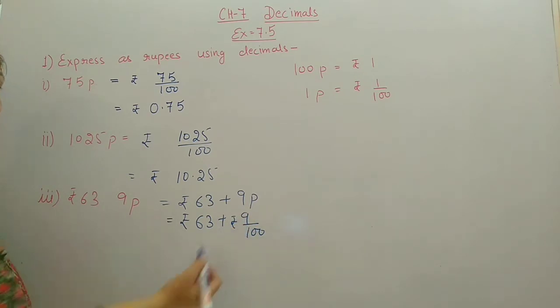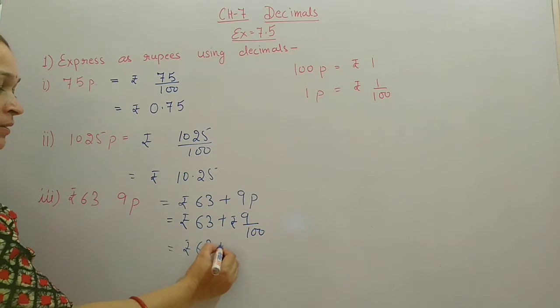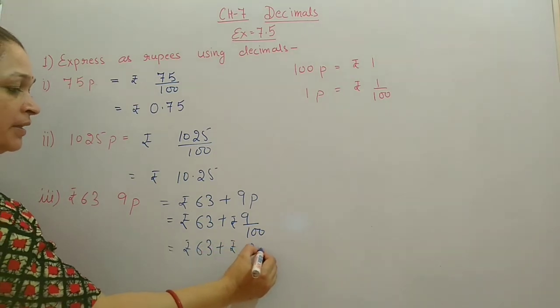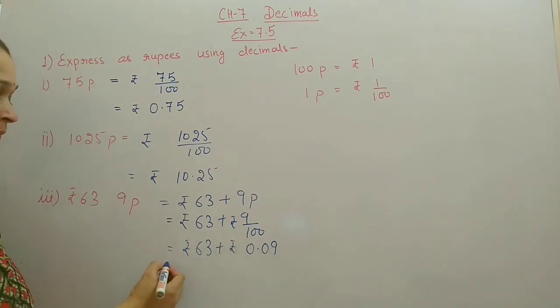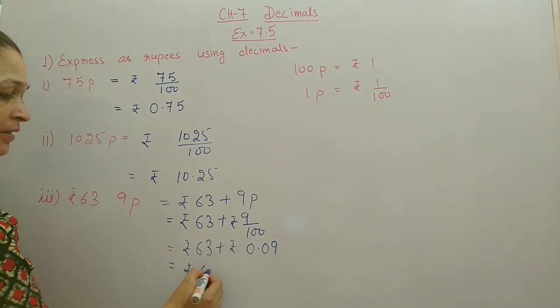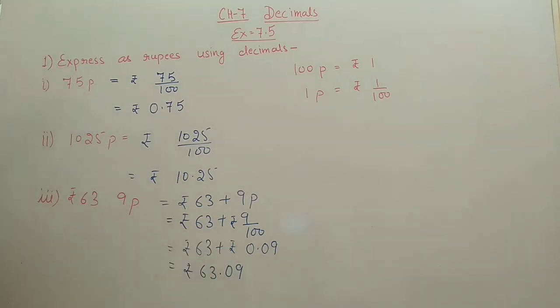When we are dividing by 100, 2 decimal places will come, so it will become 0.09. Then 63 plus 0.09 will be equal to 63.09 rupees.